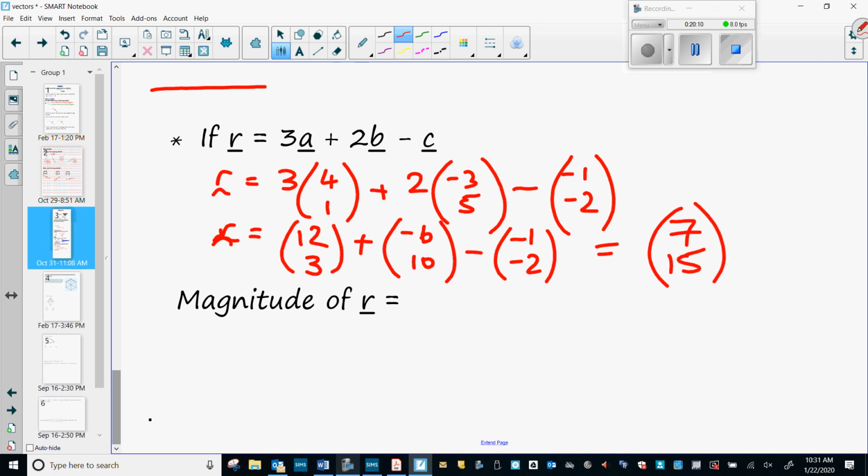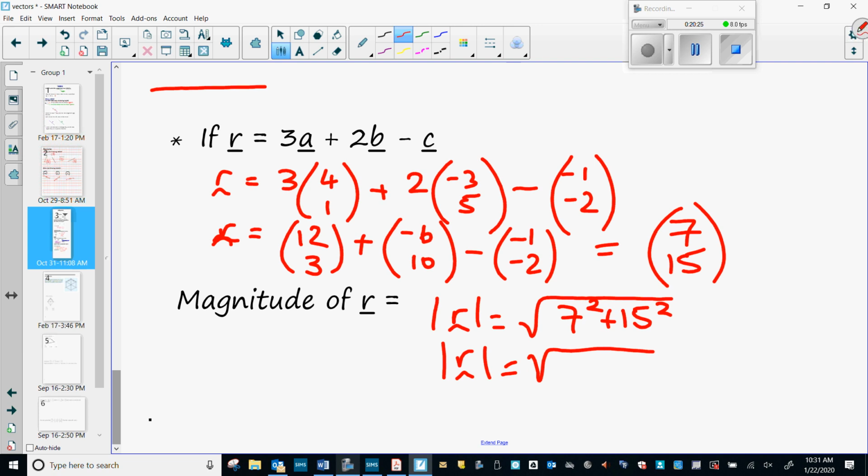And we've been asked to find the magnitude of it. So we know that's going to be the square root of 7 squared plus 15 squared. Is 15 squared 225?